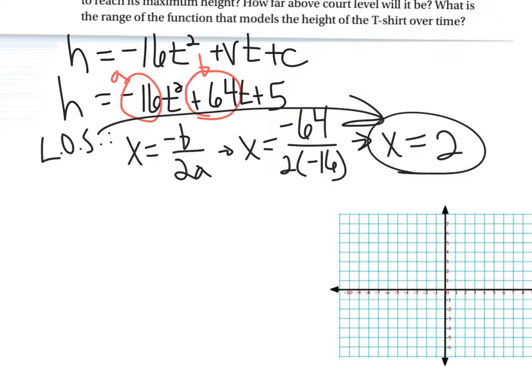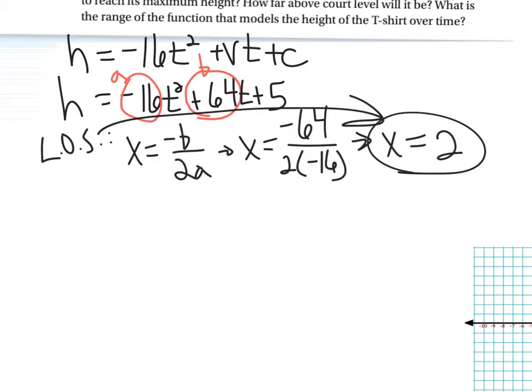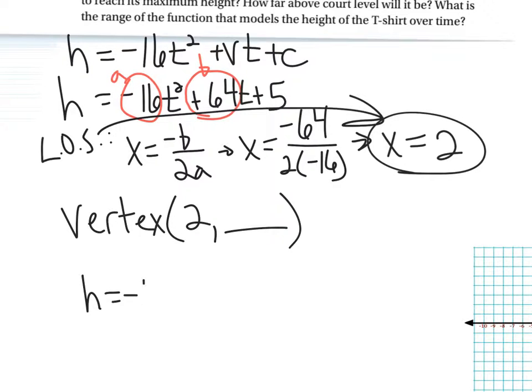If we're not having to graph it on this problem, you might say, what's the point? I don't need the line of symmetry. Well, you kind of do, because your vertex is on the line of symmetry, and you have to find the vertex here. So for the vertex, we're just going to substitute a 2 in place of t and see what we get.